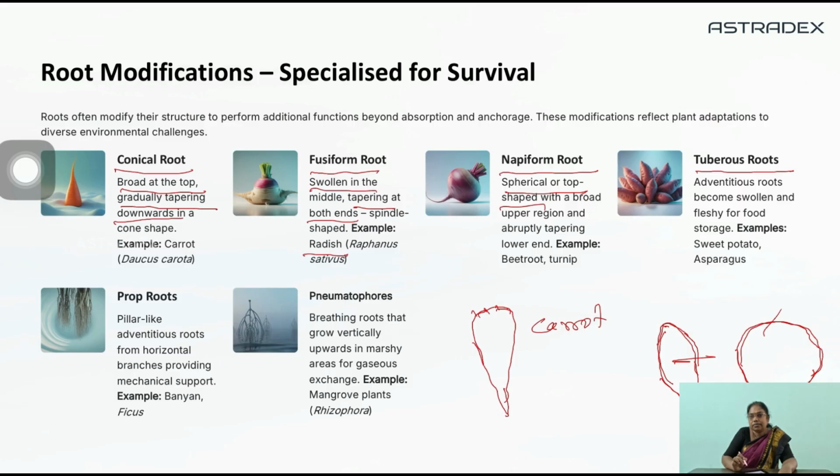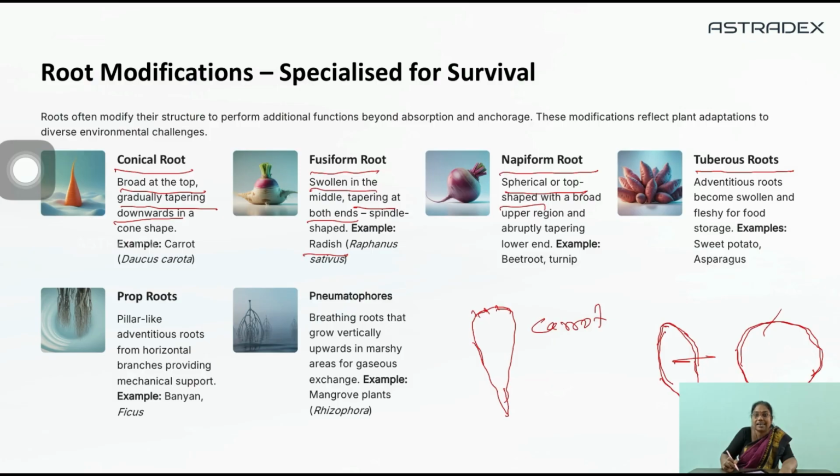Then modified for gaseous exchange. This is pneumatophores. Breathing roots that typically grow upward in marshy areas. Breathing roots grow upward.